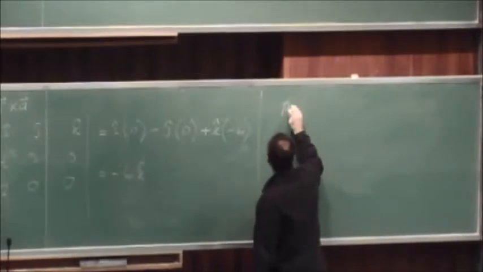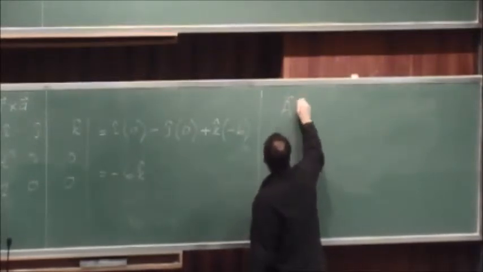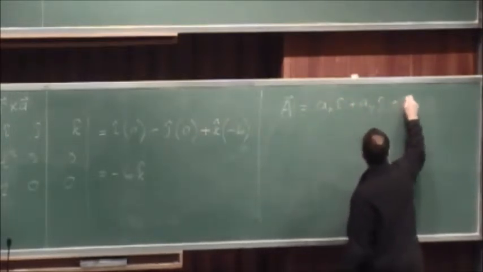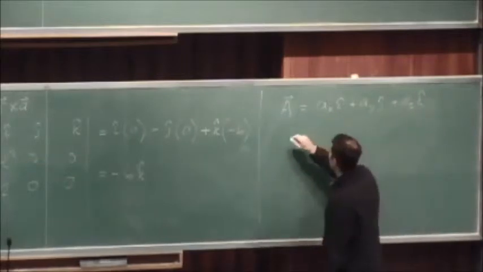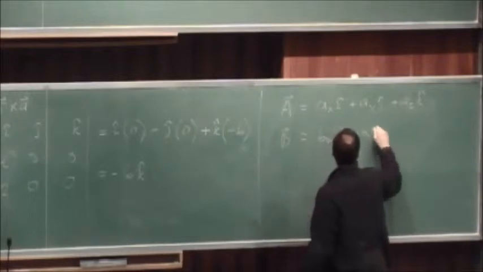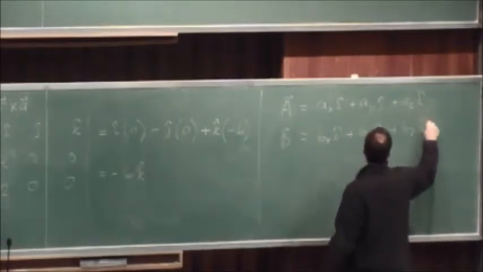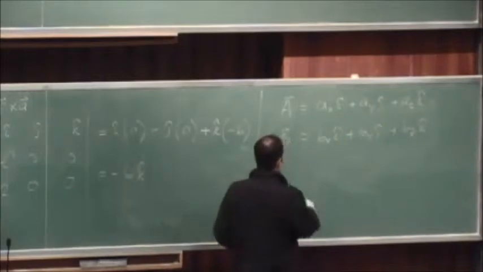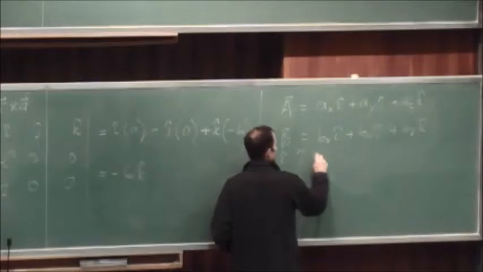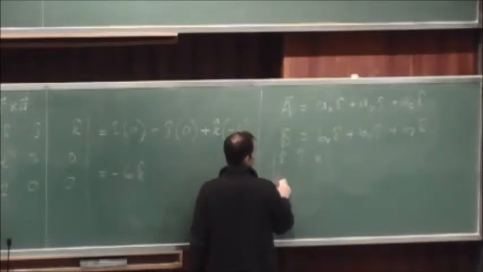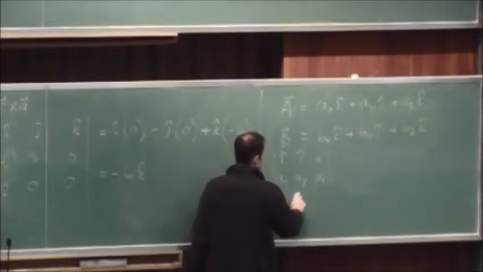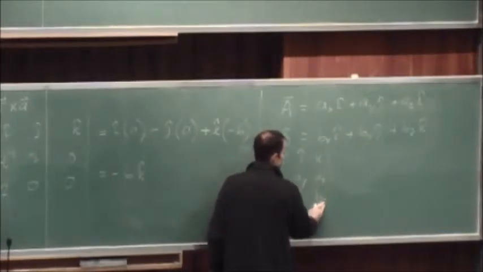So suppose I just have A. A is equal to Ax i hat plus Ay j hat plus Az k hat, and B is equal to Bx i hat plus By j hat plus Bz k hat. That sound okay? Then I put i, j, k, and then I have Ax, Ay, Az, Bx, By, Bz.